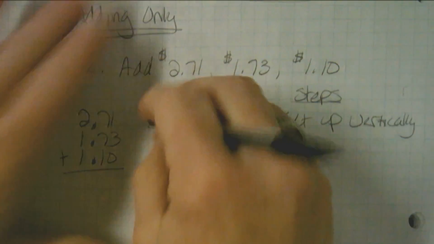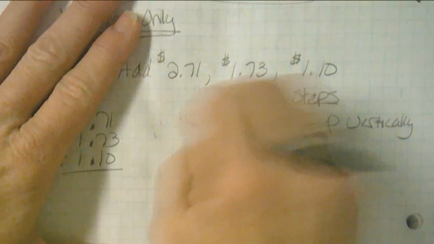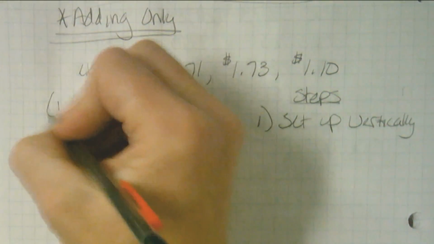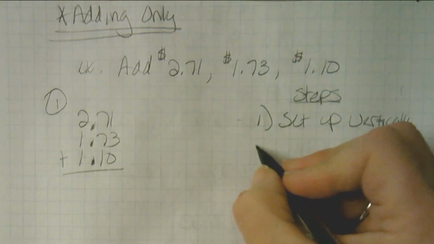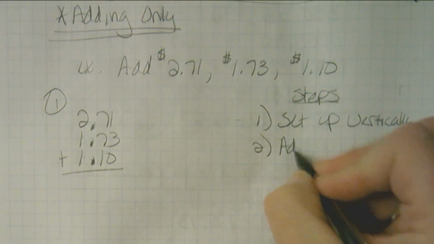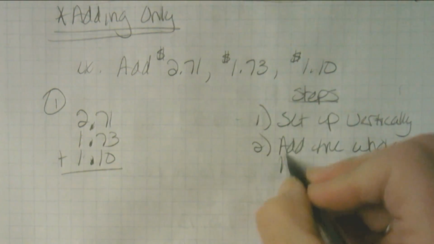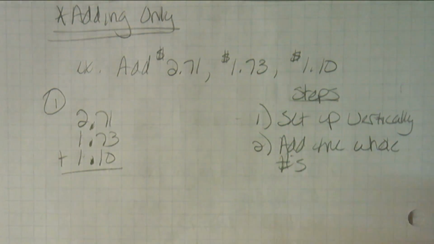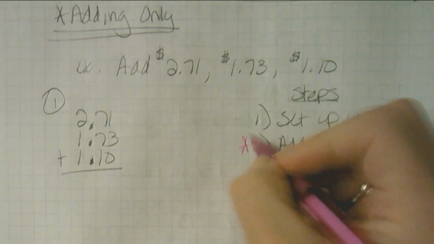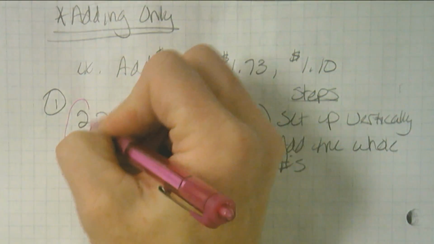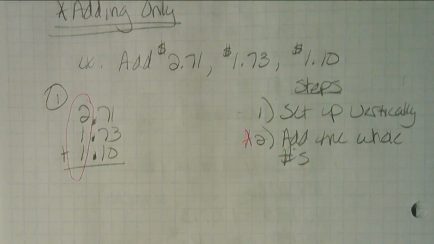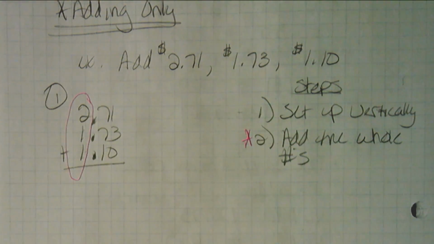Step two, I'll put a little 1 here to show step one. Step two, add the whole numbers. I'm going to put a little star by this. The whole numbers are the ones, and if there are tens, anything to the left of the decimal.